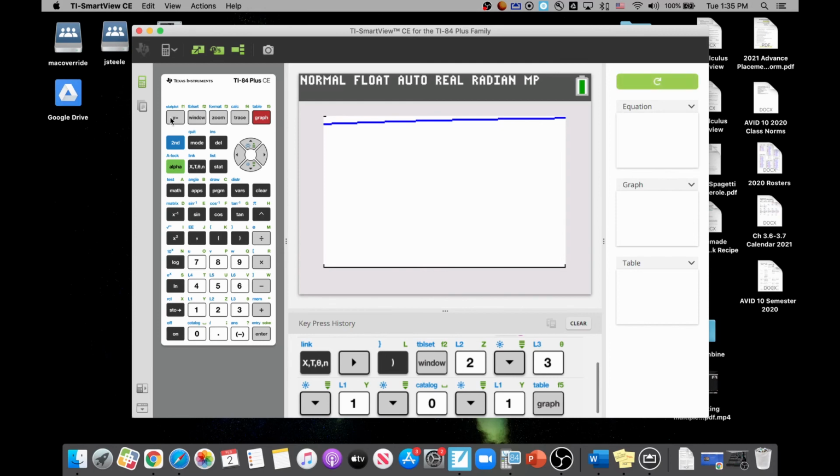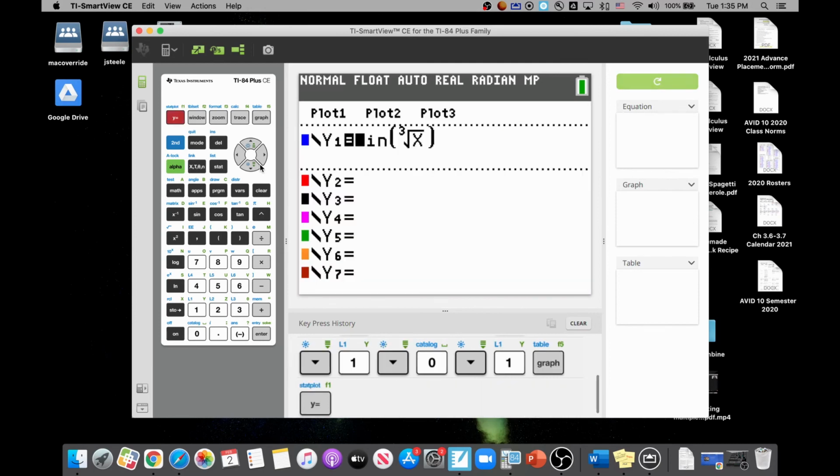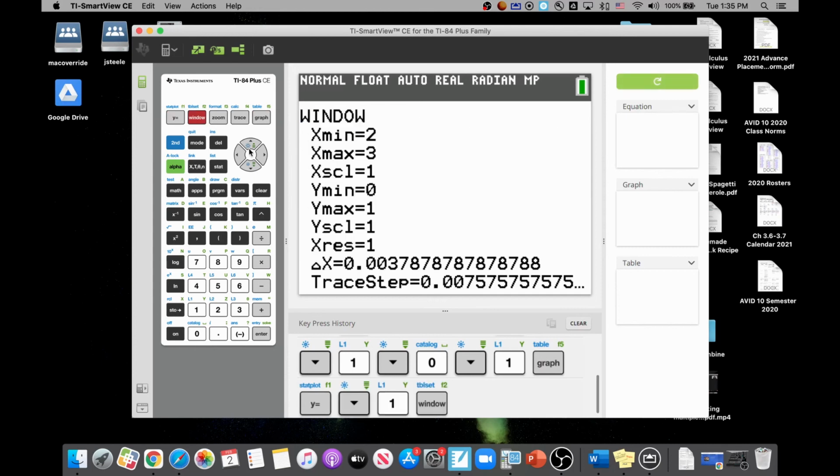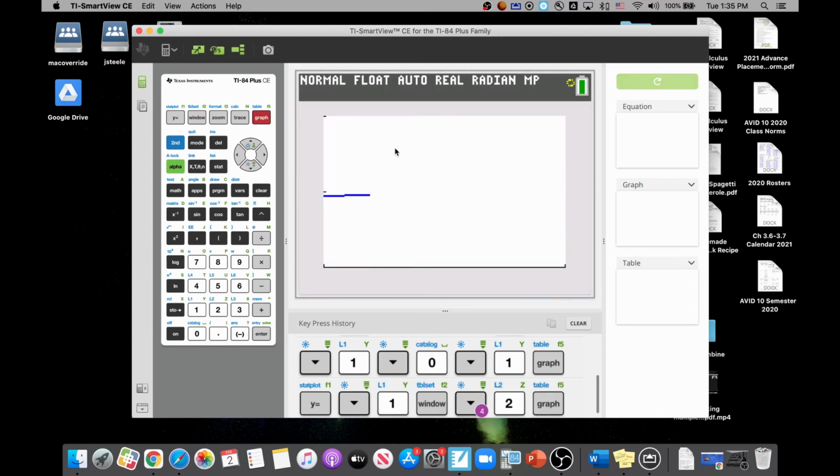And if you wanted to, in y2 you could put y equals 1, and then go back to your window and leave your y min at 0, but maybe change your y max to 2 and regraph this, then you can see a little bit more clearly. Here is, again, my sine of the cube root of x. That's my blue graph. And after that finishes its graph, the horizontal line comes. There's my y equals 1, and you can see that the blue line stays below that horizontal line at y equals 1 the whole time.